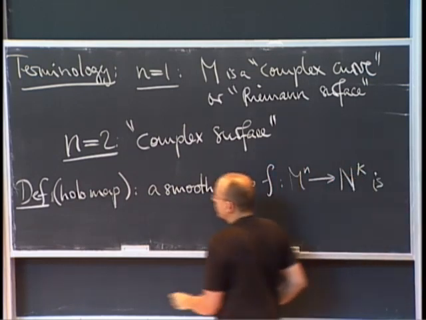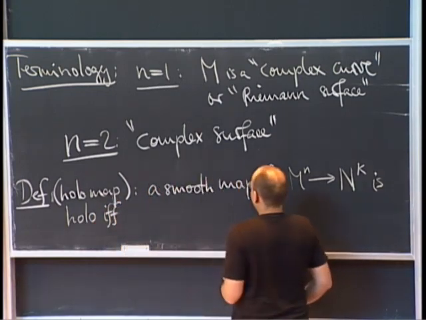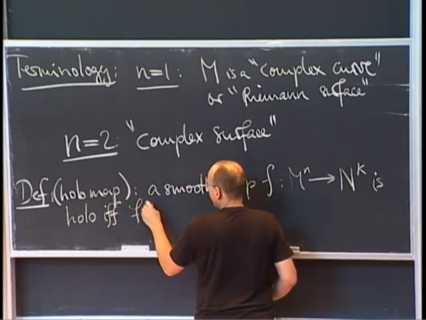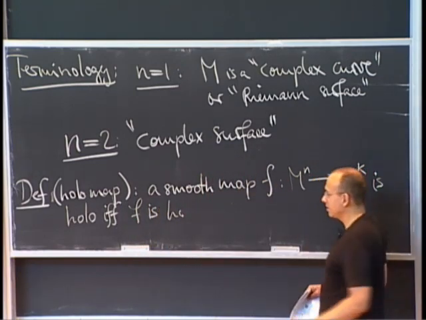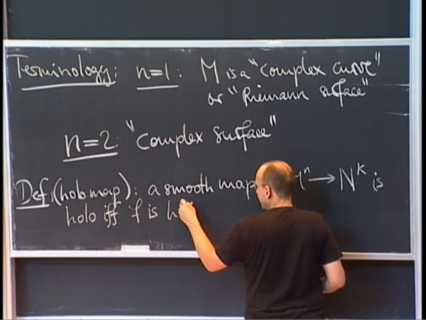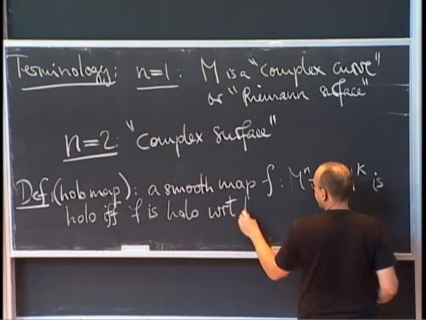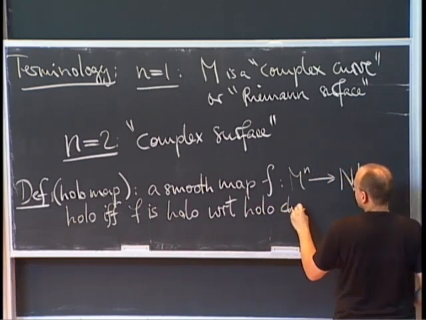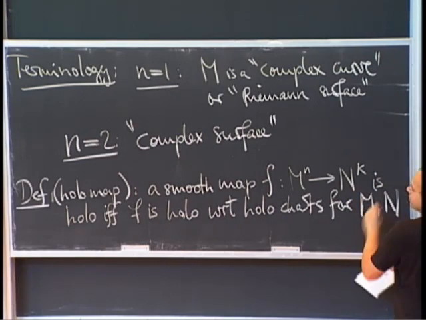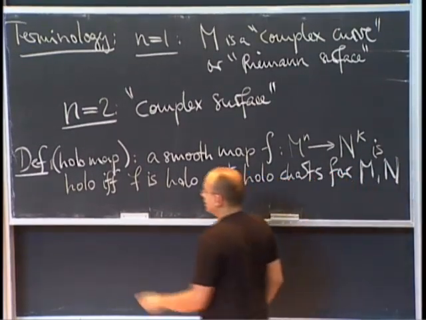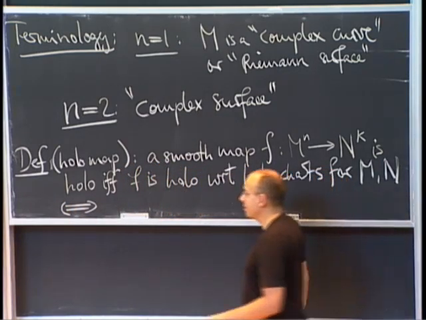It is holomorphic if you express it in local holomorphic charts for the two manifolds. We have the slightly nicer definition that that's actually equivalent to the differential being complex linear everywhere.